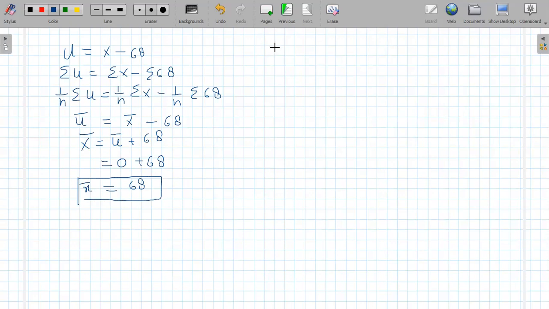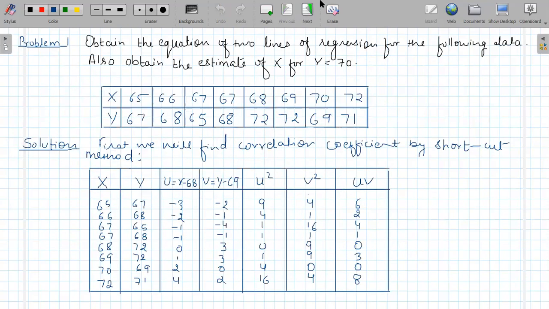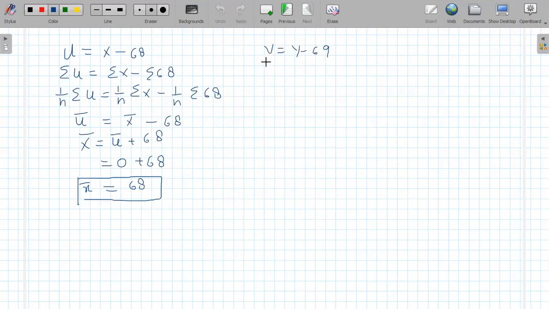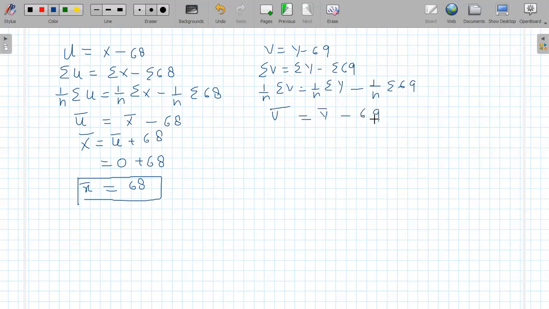68. इसी तरह से v इज y माइनस 69. y माइनस 69 था. ठीक है. सो समेशन v इज समेशन y माइनस समेशन 69. 1/n summation v is equal to 1/n summation y minus 1/n summation 69. v bar is equal to y bar minus 69.